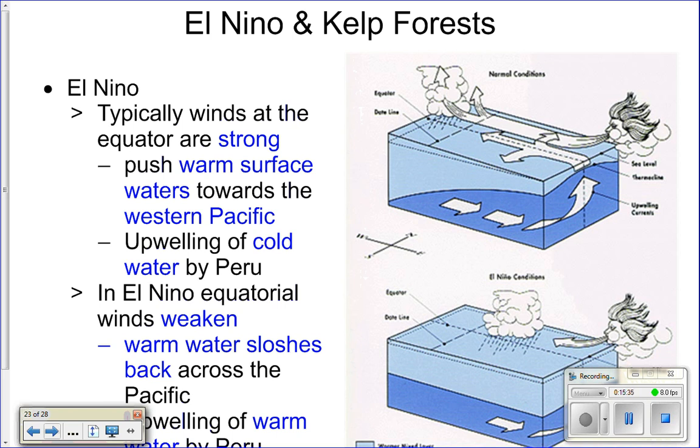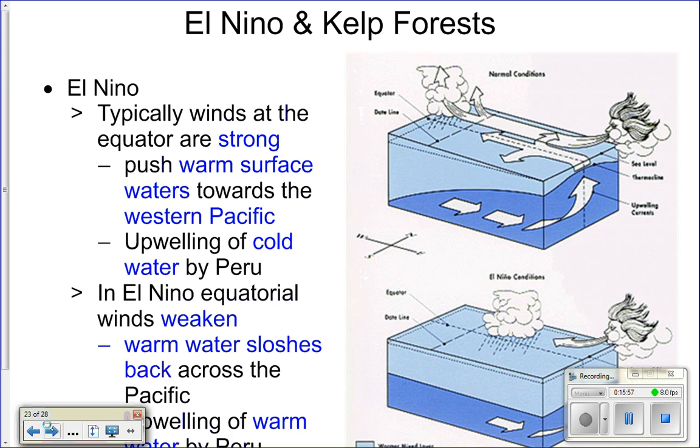And as it blows that warm surface water over, that helps to draw water up from the deep. It helps to create this cold, nutrient-rich upwelling on our coast. That's normal. What happens in an El Nino event, and we don't really know why, it tends to happen approximately every 4 years or so, is that these winds break down.